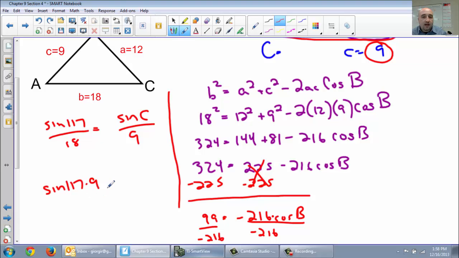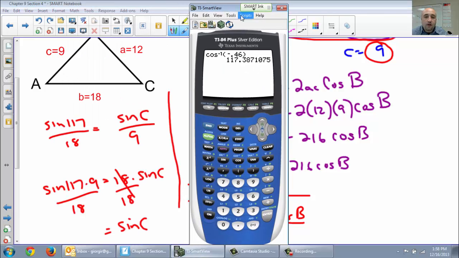Sine of 117 times 9 equals 18 times sine of C. Divide by 18. 18's cancel, so sine of C is equal to, let's do this on our calculator. Sine of 117 times 9 divided by 18 gives me 0.445.